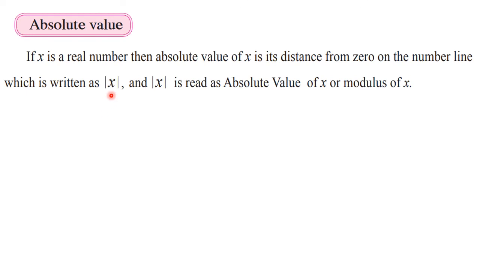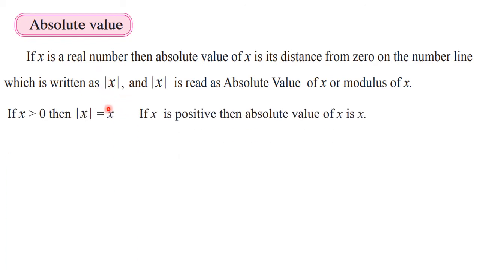Now for this absolute value, we have three possibilities. Like for every number, we have three possibilities: either it can be positive, it can be negative, or it can be 0. Similarly here also for this absolute value, we have three possibilities.